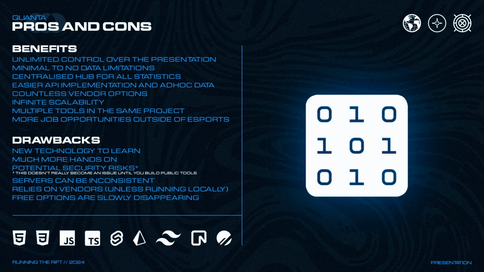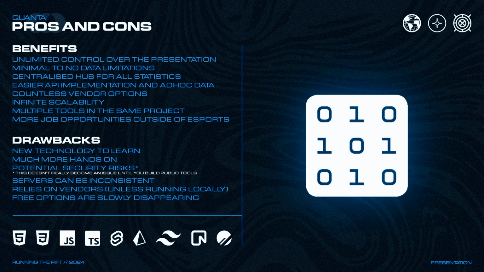This is kind of an issue, but for what I'm presenting to the audience, it wouldn't really affect this, but there's a lot of potential security risks that you have with databases. You need to protect your environment variables, which are your keys, your API keys and all that.